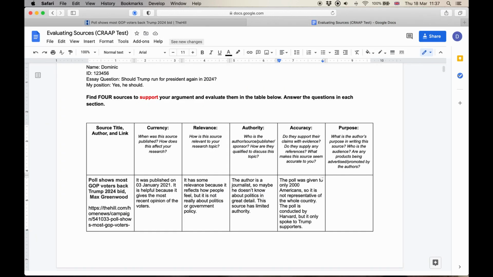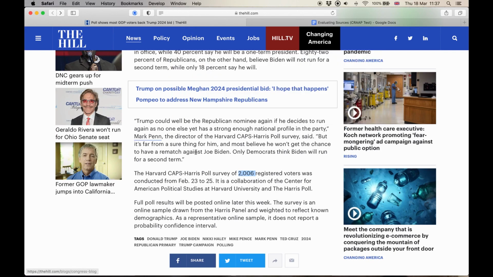So for accuracy, I have written that the poll was only given to 2,000 Americans, so it's not a good representation of the whole 50 states. Also, the poll is conducted by Harvard, it says here, and Harvard is a name we can trust.